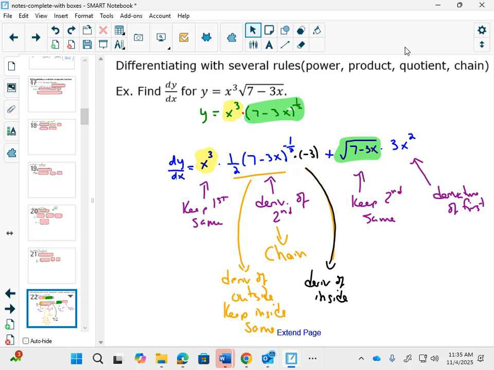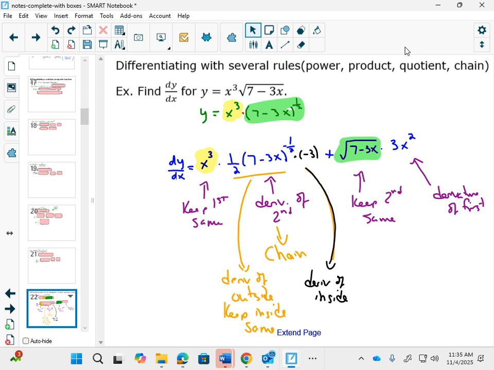Can you see that happening? So we have to have a really firm grasp of the shortcuts in their wording, and then we have to remember where we were. So this is my product rule.